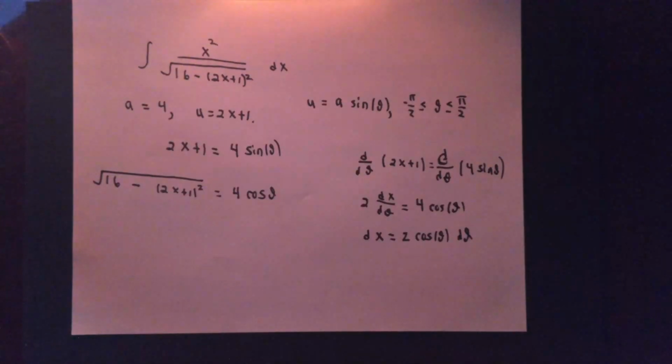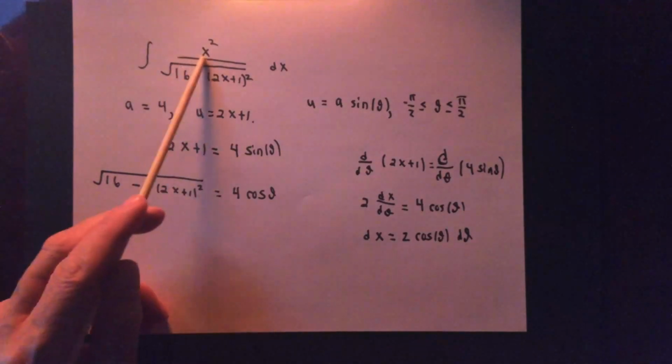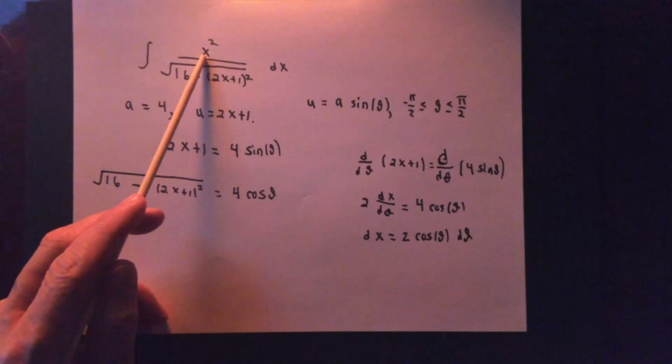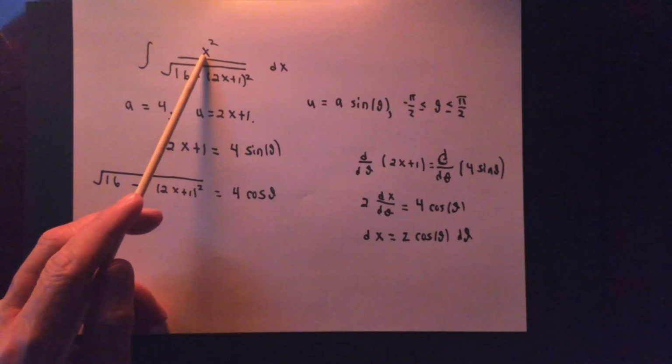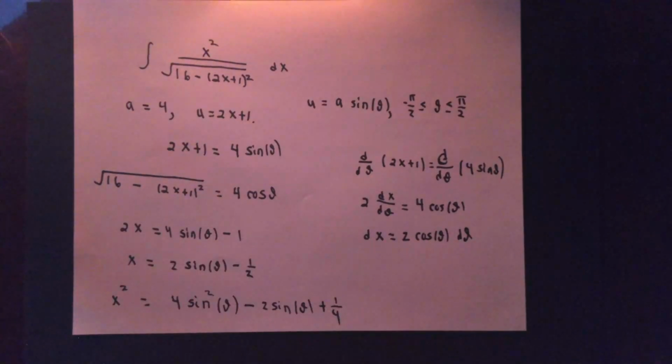The radical quantity and the differential are easy enough to convert over into the trig functions, but I do have one remaining issue. I have to write down x squared in terms of theta, so there is a little bit more work to do. X squared works out to be 4 times sine squared theta minus 2 sine theta plus 1/4.